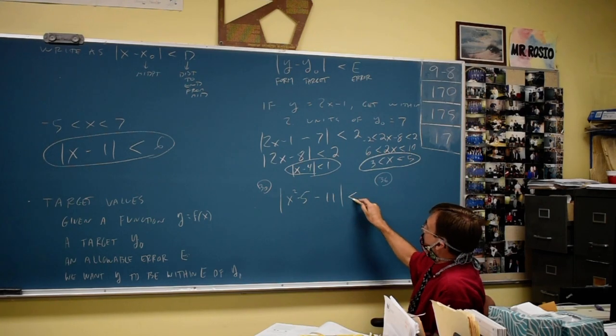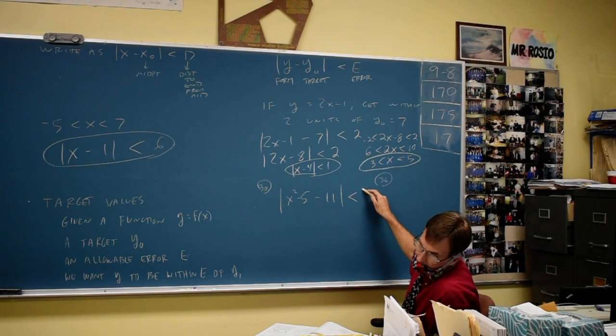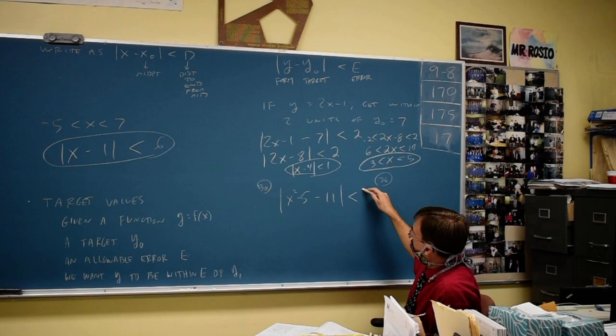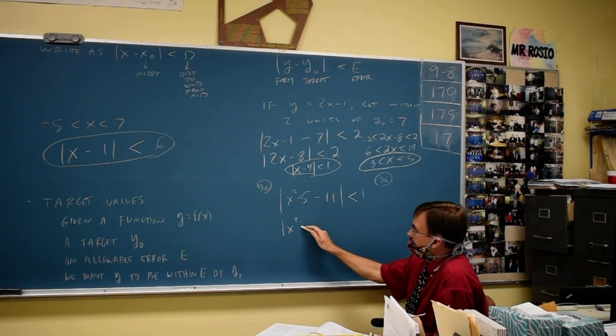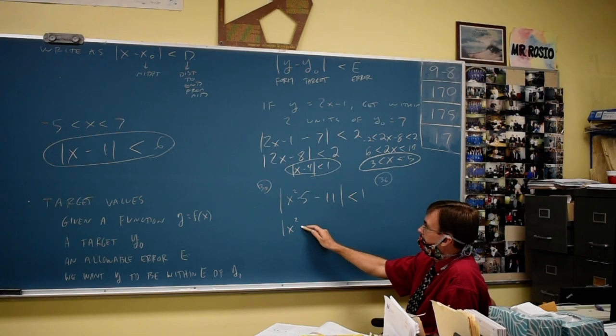Wrap that up in bars, less than 1. And then we'll just try to clean up. X squared minus 16.